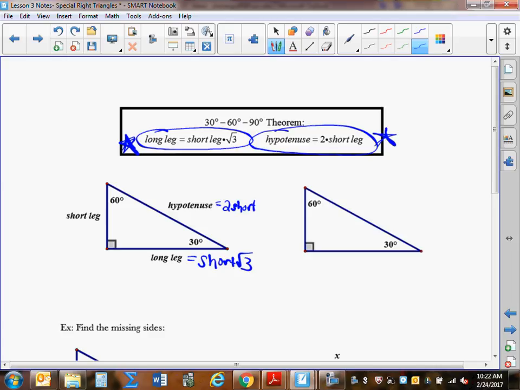Yeah, I think you would have encountered that because it's the altitude of an equilateral triangle, so that would create a 30, 60, 90 triangle, and that's where you got it from. Yeah, very good, very good.